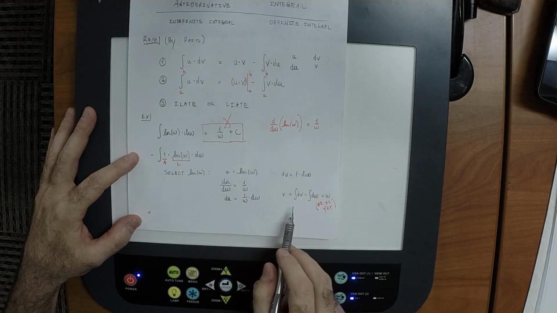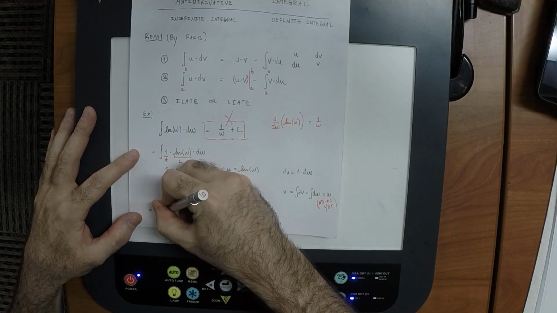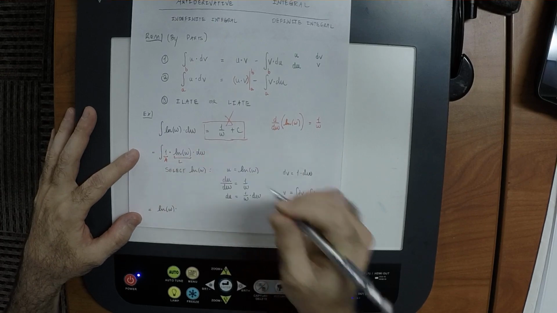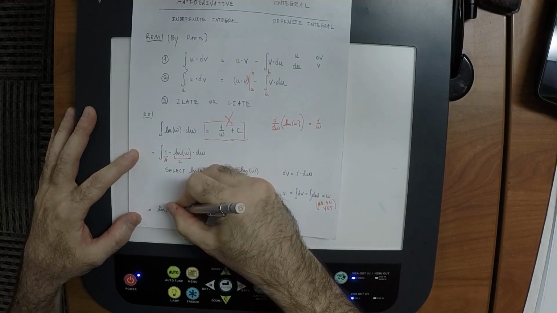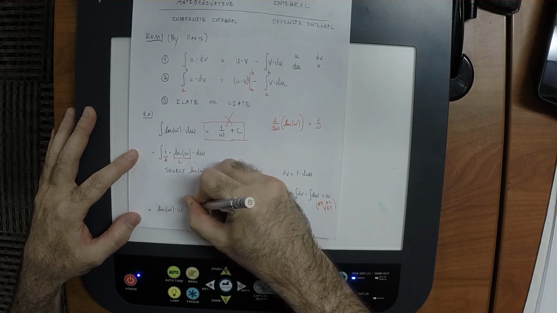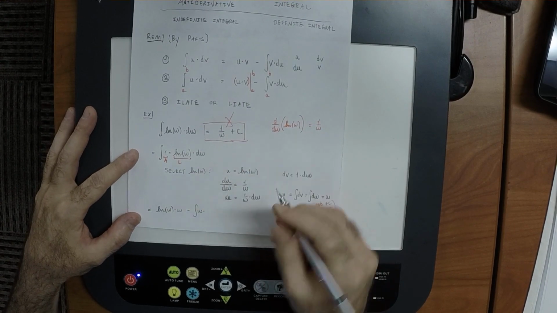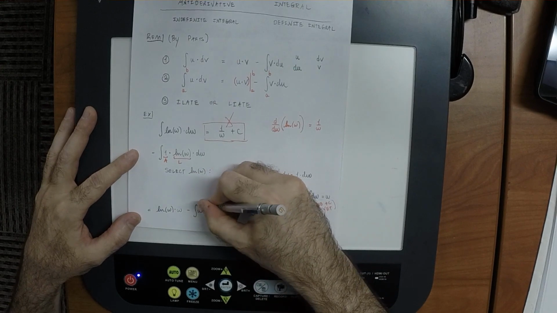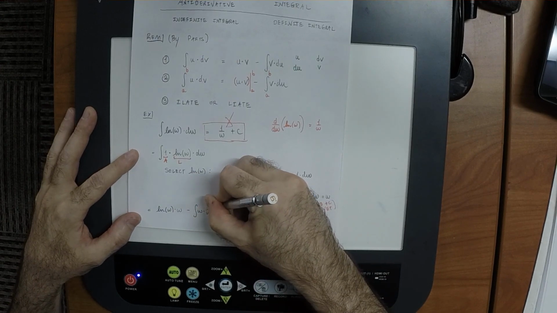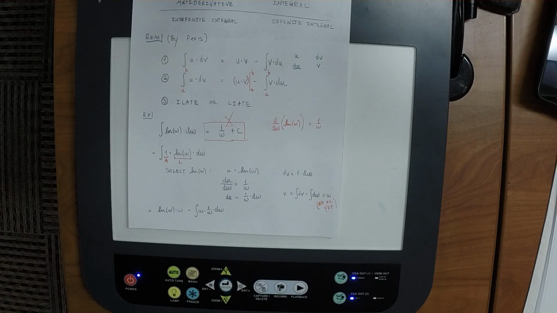So uv, logarithm w multiplied by w, minus antiderivative v du, so w multiplied by 1 over w dw. Any questions so far?